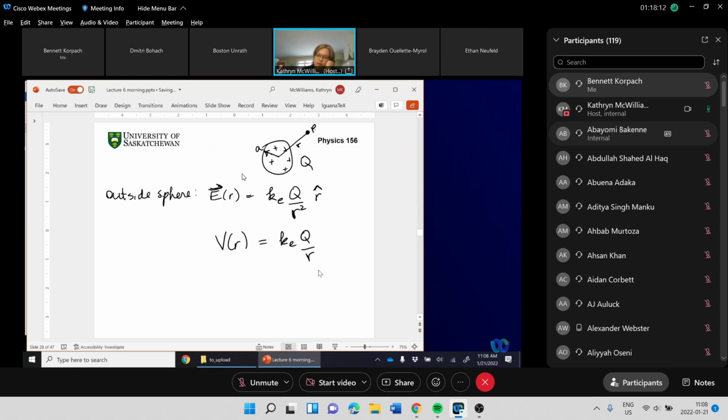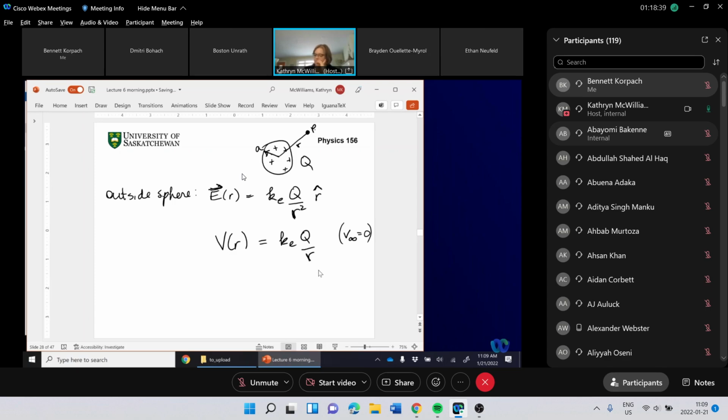The potential outside the sphere is this formula where we set V at infinity equal to 0. We set that as our reference point. So when we talk about the potential at position r, it's relative to potential 0 at infinity. There's no absolute potential, remember that. We just happen to set the potential equal to 0 at infinity, which is convenient.